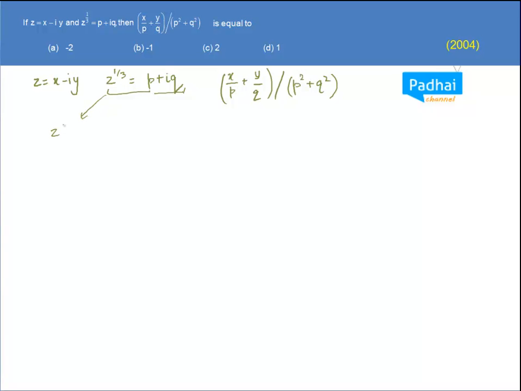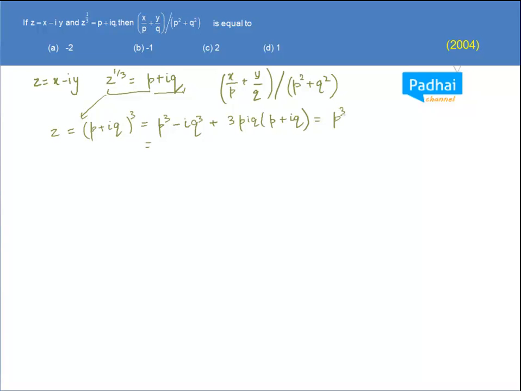So this will become z after taking the cube, and on the other side if I take the cube it will be (p minus iota q) cube, that is p cube. Iota cube is minus iota. Let's solve it here only.